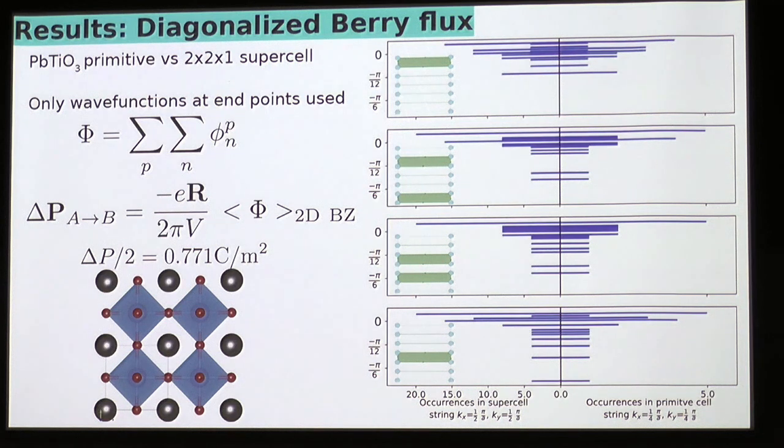It looks like they are exactly the same, except if you pay attention to the scales down here in the supercell system, everything is multiplied by a factor of 4. So we see all the same eigenvalues occur, there are just 4 times as many of them. We have 4 times the Berry flux. So if all we were tracking was this total phase, it would become much larger than 2 pi, and it would seem like we have issues.